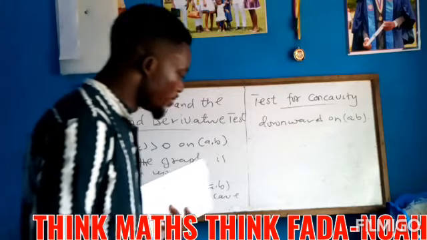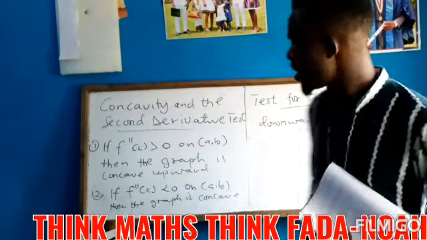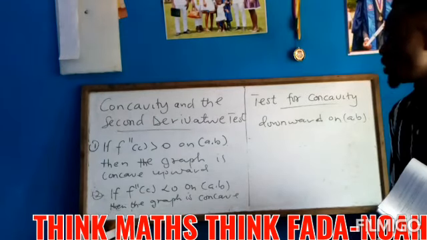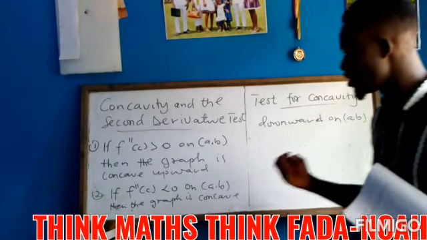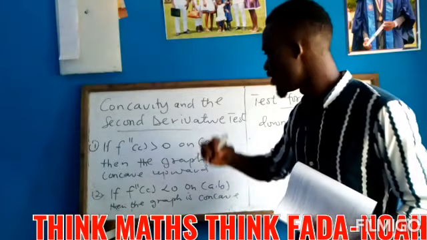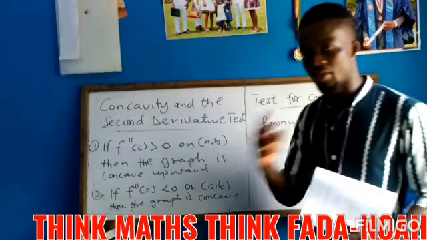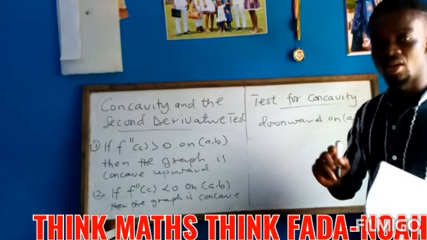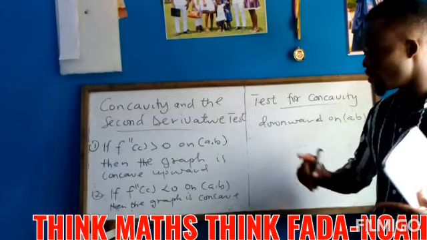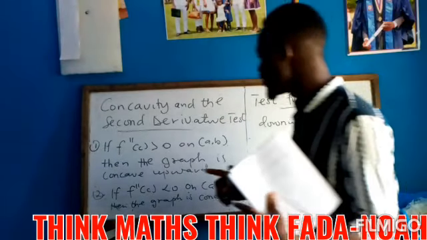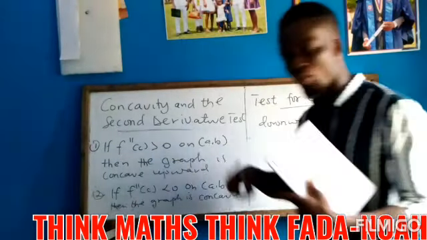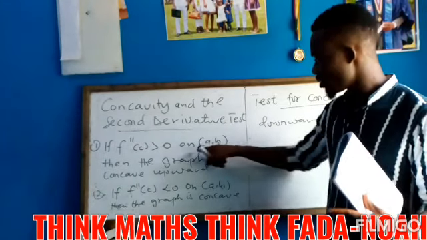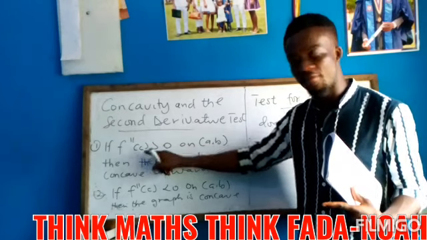So what it means is that you find the second derivative of the function, and knowing your critical values, you evaluate the second derivative at the critical values. And if the value is greater than 0, it means the graph will have a concave upward on that interval, or at that critical value.